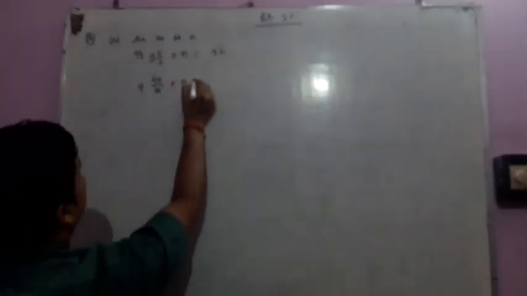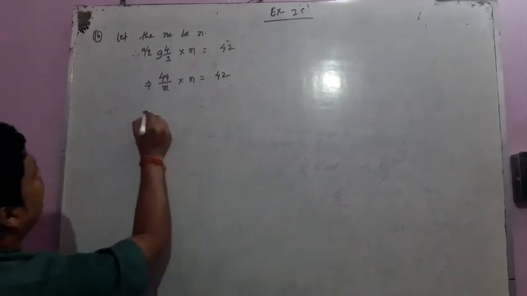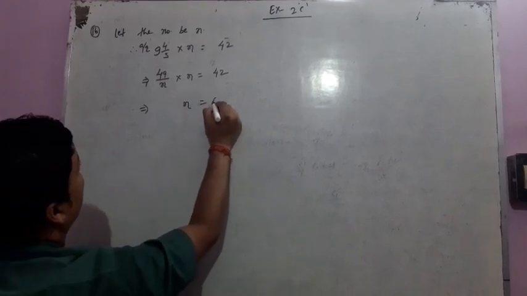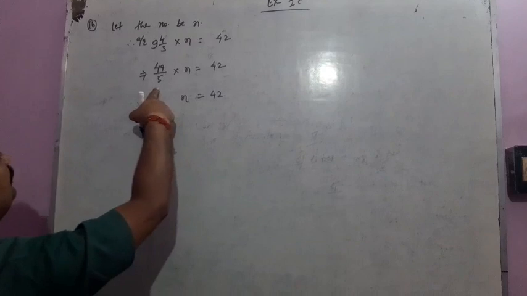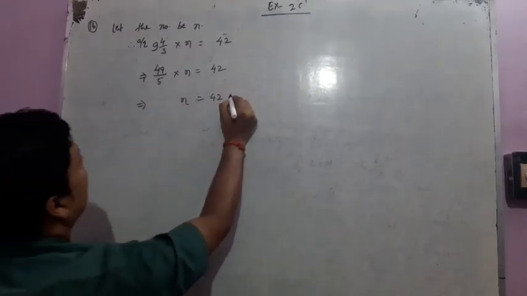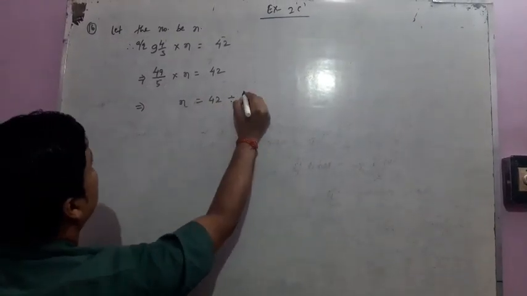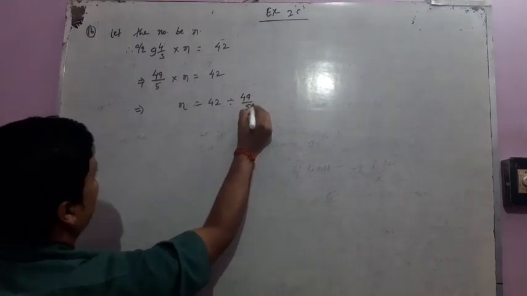Now 9 5s are 45 and 4, 49 by 5 into x is equal to 42. Therefore the value of x is equal to 42 divided by 49 by 5. Here 49 by 5 is in multiplication, so when we change its position, it turns into divide.